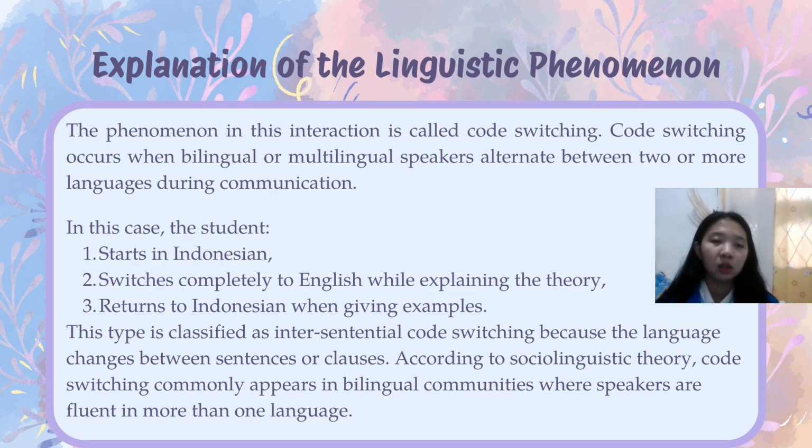Return to Indonesian when giving examples. This type is classified as intersentential code switching because the language changes between sentences or clauses. According to sociolinguistic theory, code switching commonly appears in bilingual communities where speakers are fluent in more than one language.